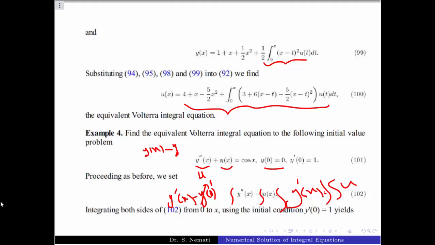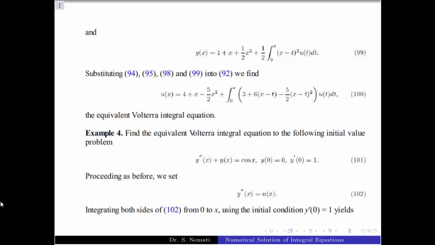Once again, we take the integral, so we have y of x minus y of... here we have y prime of 0 equals 1. I made a mistake here, y prime of 0 is 1. So let me clear the page and write it once again: y prime of x minus y prime of 0, which is 1, equals the integral of u.